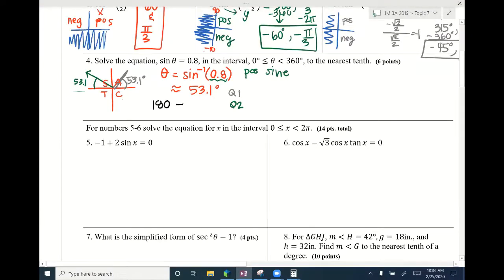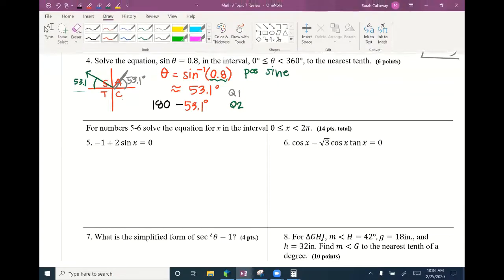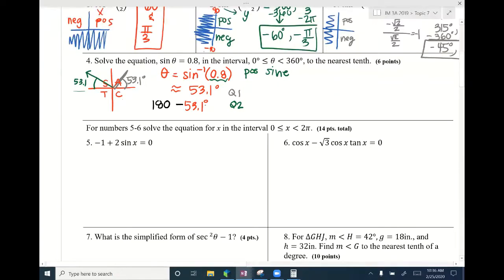So 180 minus 53.1 tells us that in quadrant 2, the answer is about 126.9 degrees. So theta is equal to 53.1 degrees and 126.9 degrees.